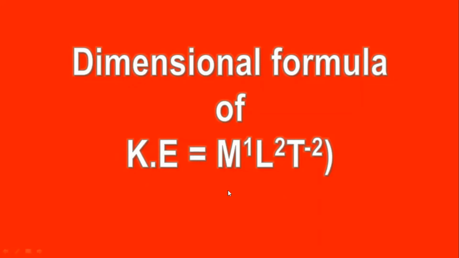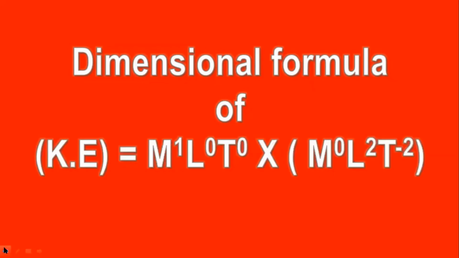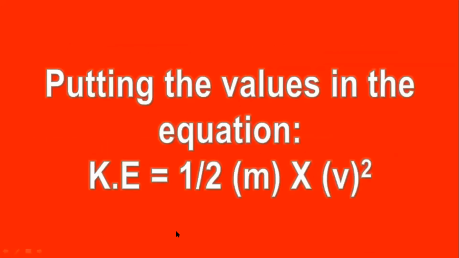Because in the original format there was K equal to half mv square, but when we are writing its dimension formula, there is no 1/2. Is there any answer? Where is 1/2? In the original format we have 1/2.